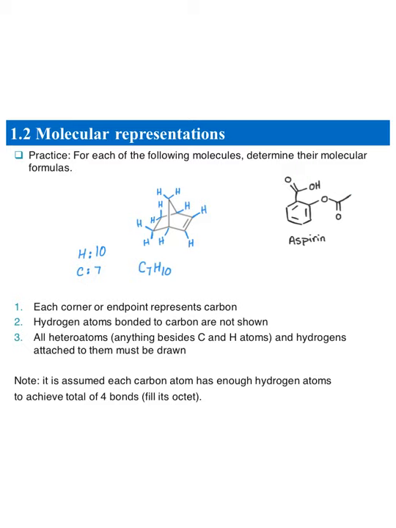So the other 3 must be hydrogens. Then we move forward. This is a corner. That corner has a carbon. It has 1, 2, 3, 4 bonds. So it is good. I'm not giving more hydrogens. Carbon cannot take more than 4 bonds.